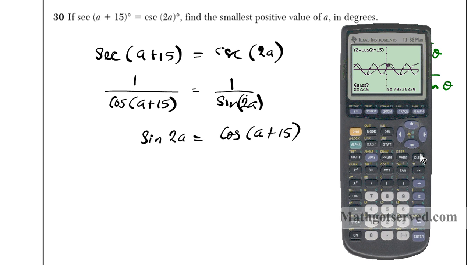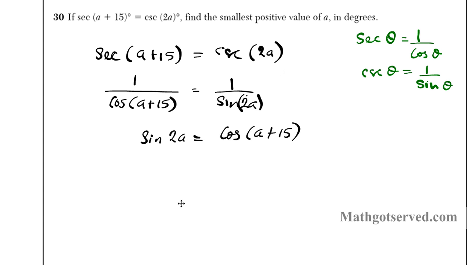All right, press enter. Boom. X equals 25. So this is the smallest one. There are bigger values for x that satisfy this equation, but this is the smallest one, and that's the one they asked us to find. So for our answer, based on the graphical result, A is equal to 25 degrees.